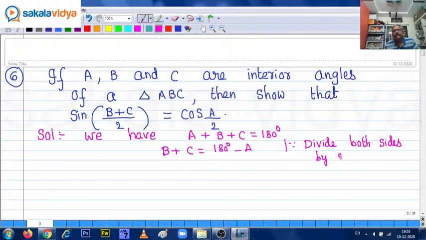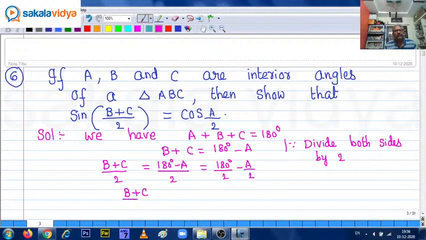So we get B plus C upon 2 equals 180 degrees minus A upon 2. This can be written 180 degrees by 2 minus A by 2. Obviously B plus C by 2 becomes 180 by 2, which is 90 degrees minus A by 2. It's very simple. In the place of B plus C by 2, substitute 90 degrees minus A by 2. Then you get the answer.